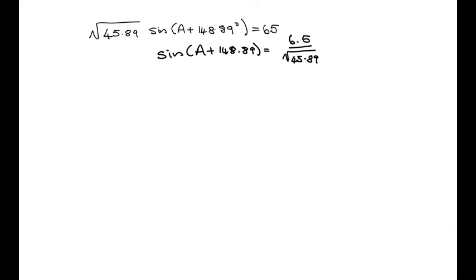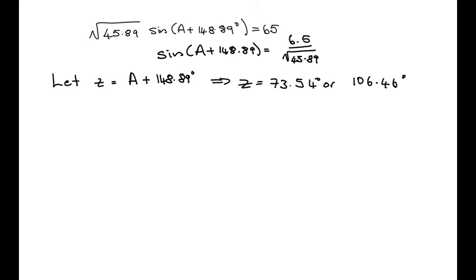And go through the motions of letting z equal A plus that, etc. So then we find out that z is equal to 73 or 106.